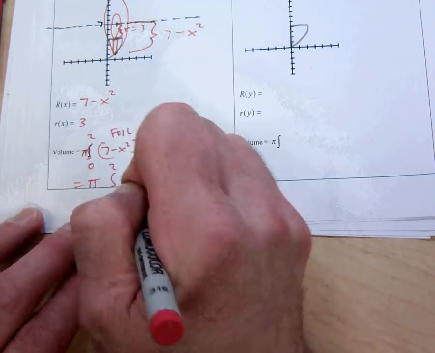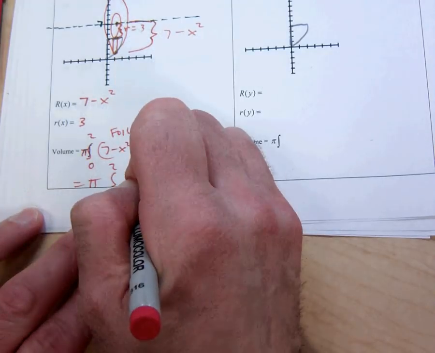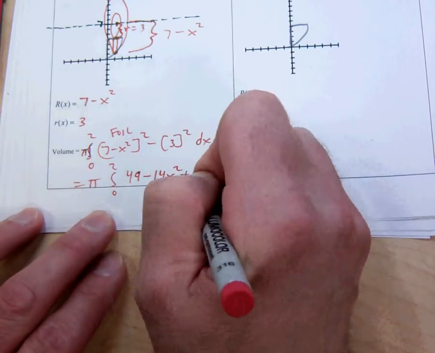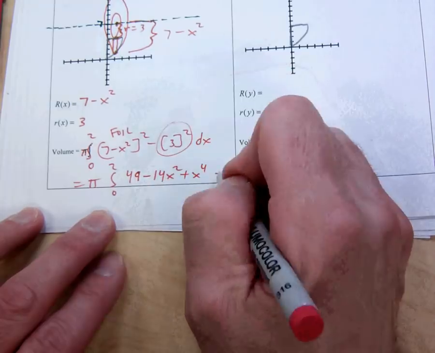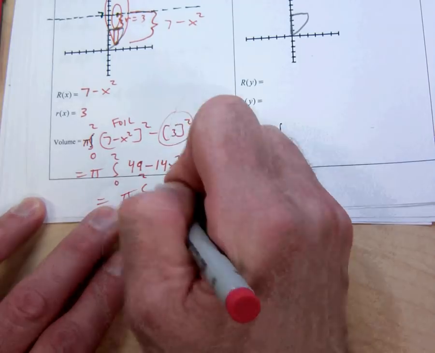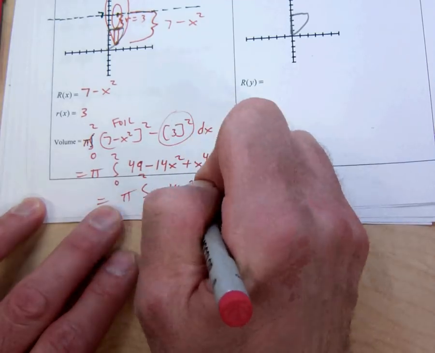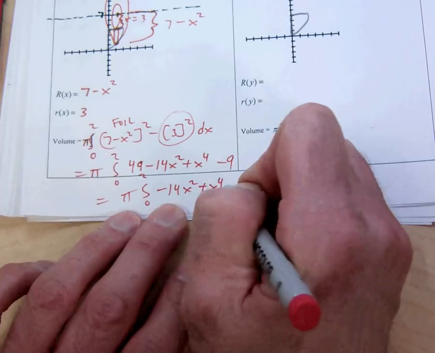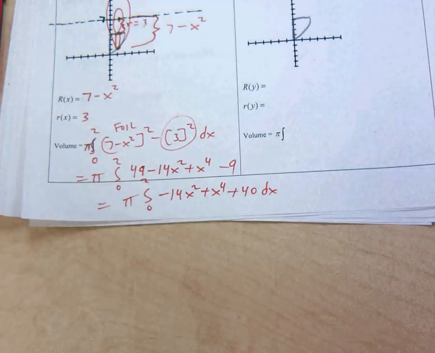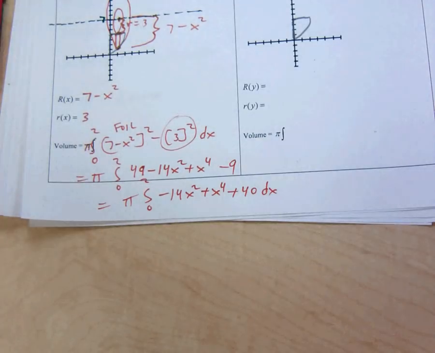You get what? 49 minus 14x squared plus x to the 4th and then minus 9. And so you might want to simplify that a little bit more. And then don't forget to what? Integrate? Yes? Good?